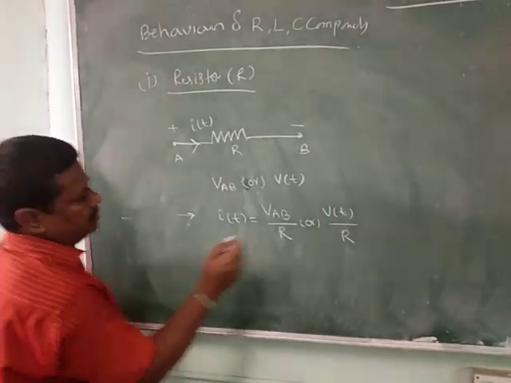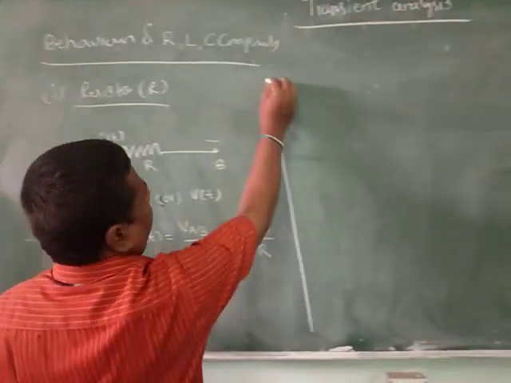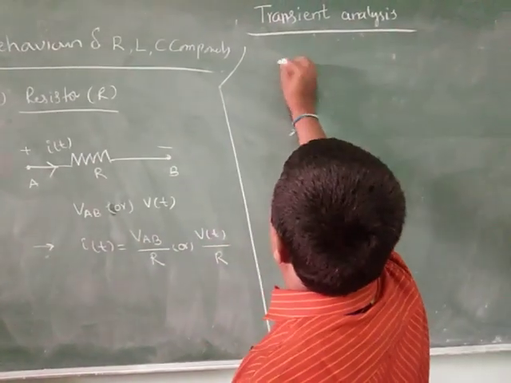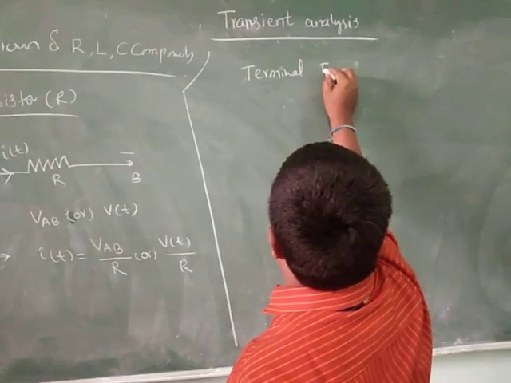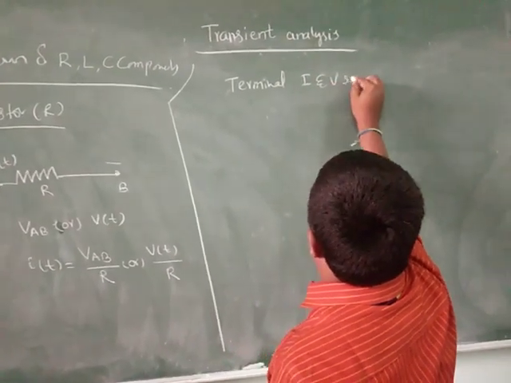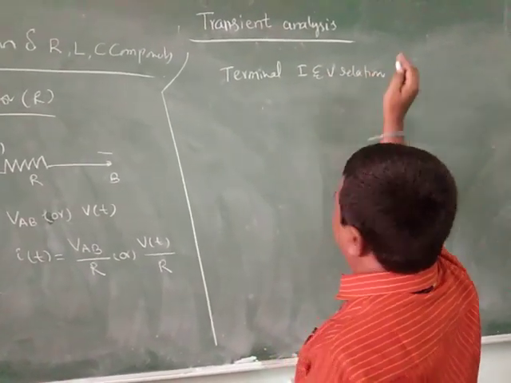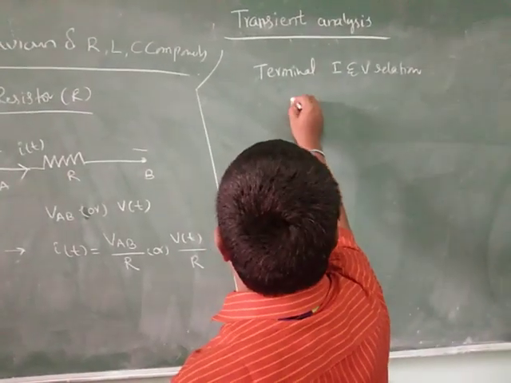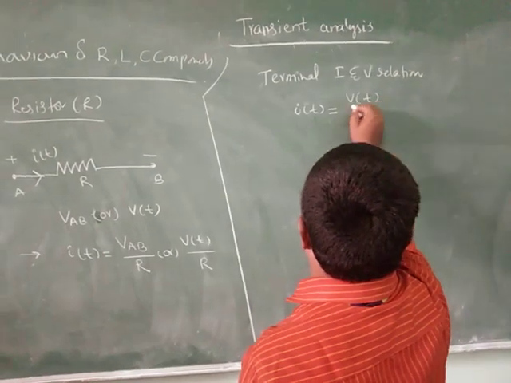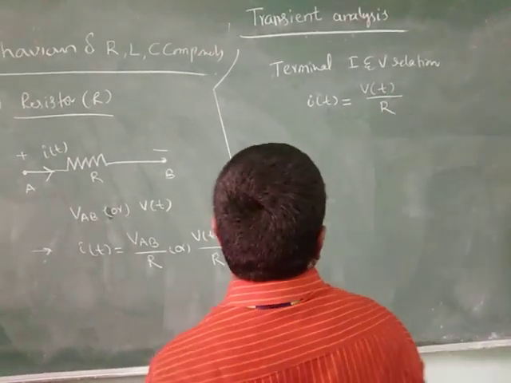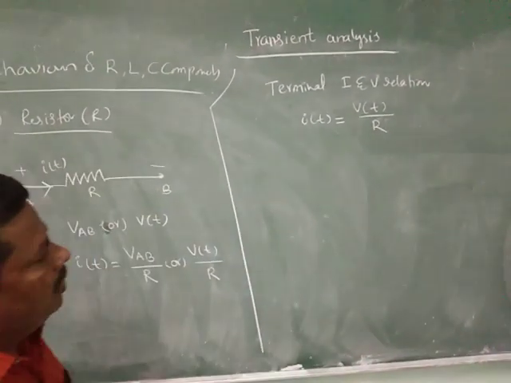This is called the terminal VI relation. That is, I of t is equal to V of t by R. Okay, Ohm's law, I equals V by R.